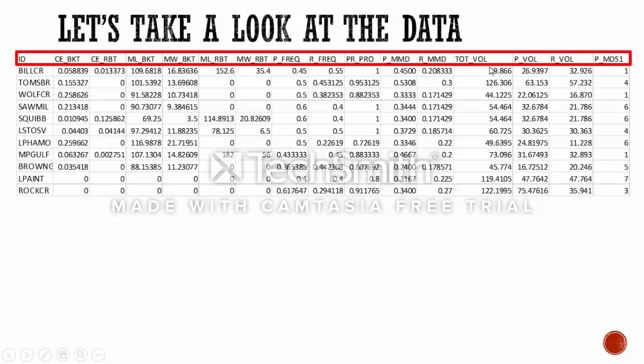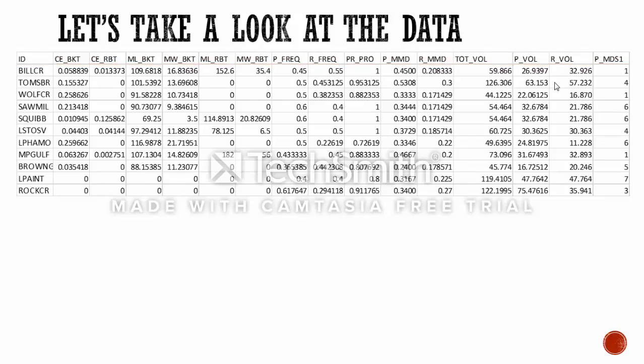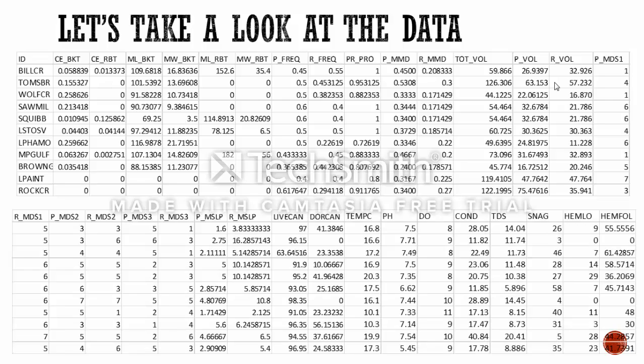And then with total volume and the frequencies, we determine pool volume and riffle volume, as well as getting into the substrates, which we won't go into depth on. We have slope here for pool and riffle, live canopy and dormant canopy, so just measures of the growing season canopy as well as the dormant season canopy, which is basically rhododendron for the dormant canopy.